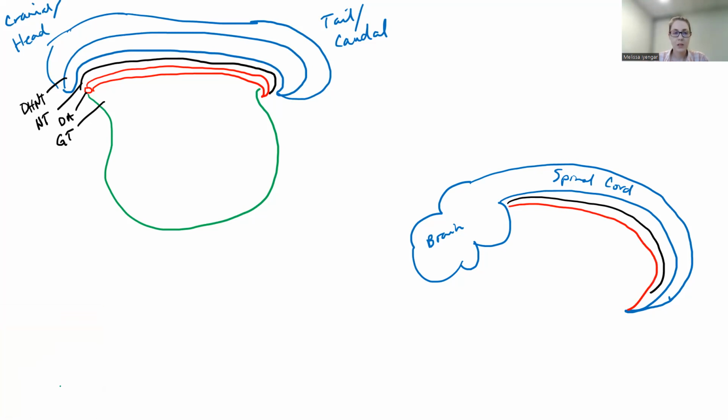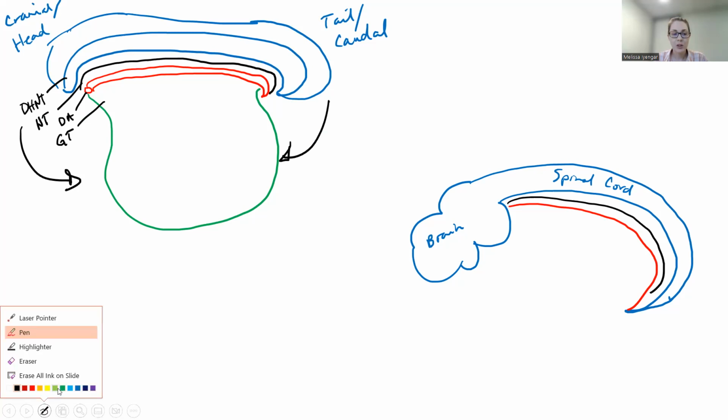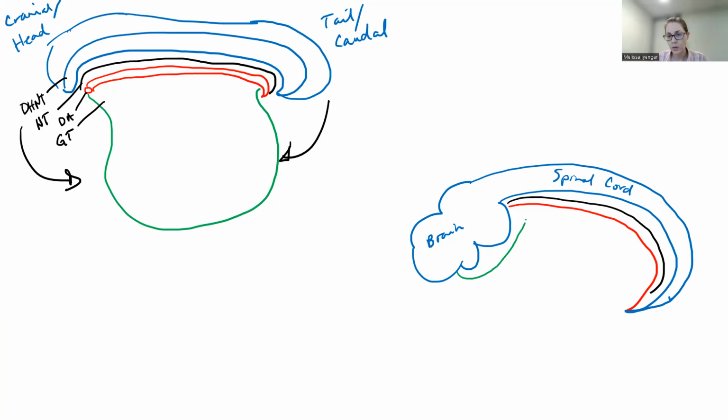But because of this head-tail bending, everything starts to bend towards the ventral side. So everything's going to start to bend towards the ventral midline or towards the middle of the body. And this is going to cause the gut tube to also bend a little bit. So now our gut tube is going to bend right here and it's going to bend right there.